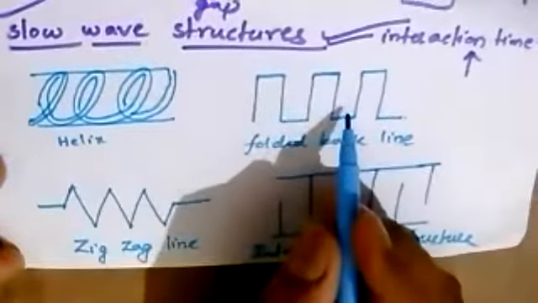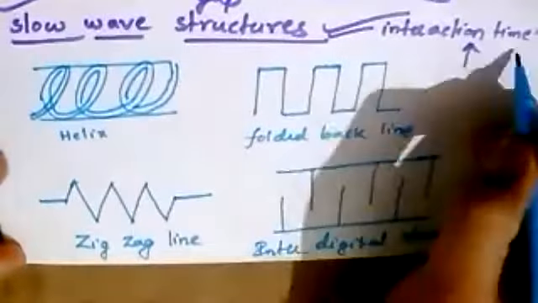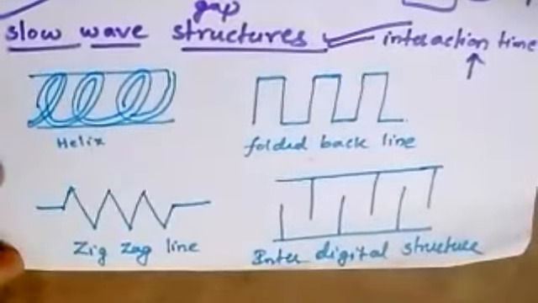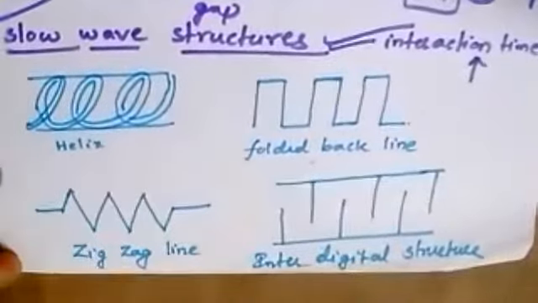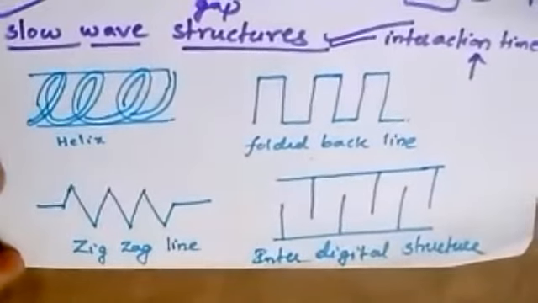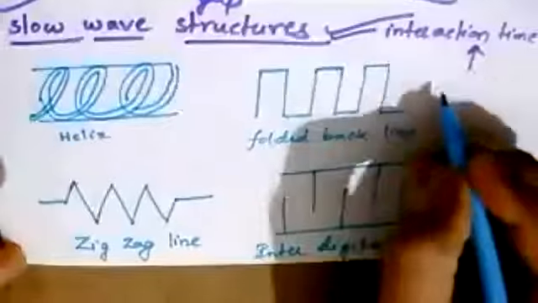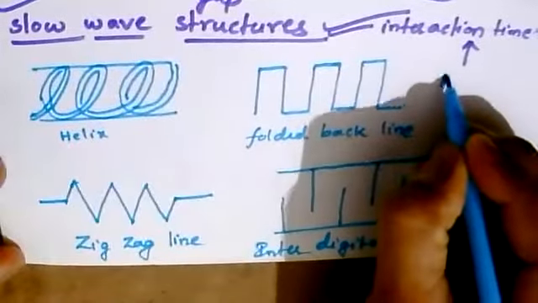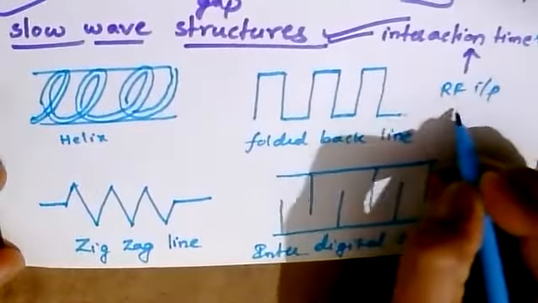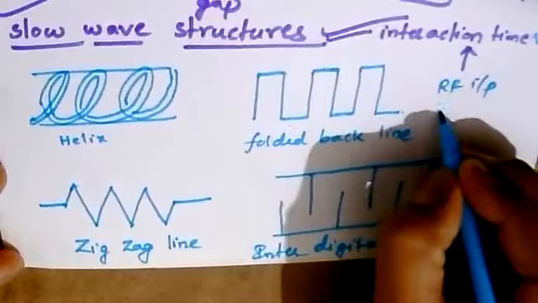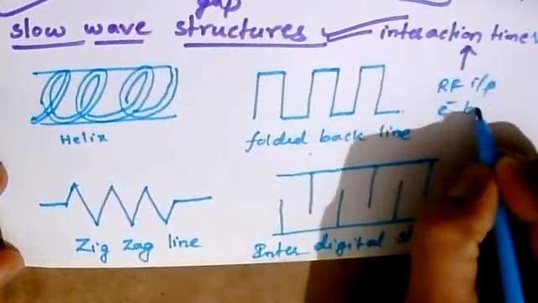So these are the slow wave structures which can be used in the traveling wave tube to increase the interaction time. Now the question arises: how can we increase the interaction time of RF? What is the interaction time? The RF input must interact for the maximum amount of time with the electron beam.